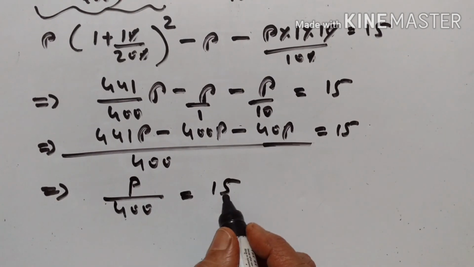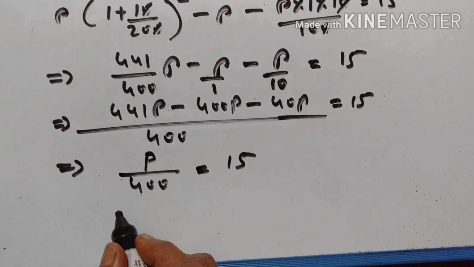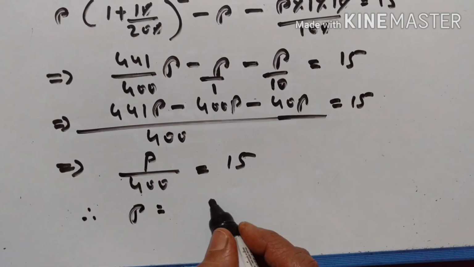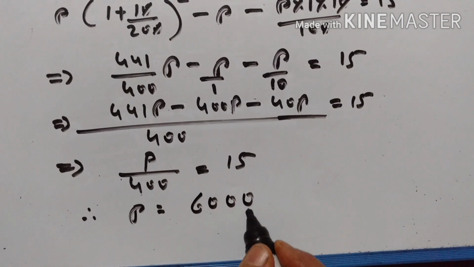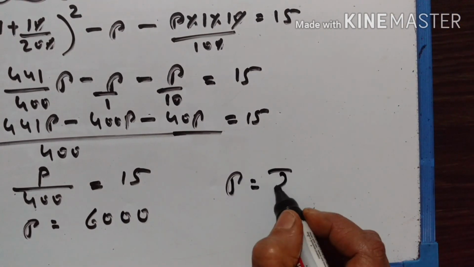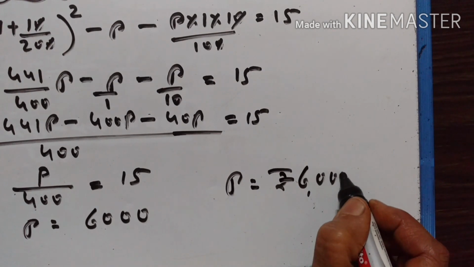Therefore, p is equal to 15 into 400. 15 into 400 is equal to 6,000. So, principal is equal to rupees 6,000.